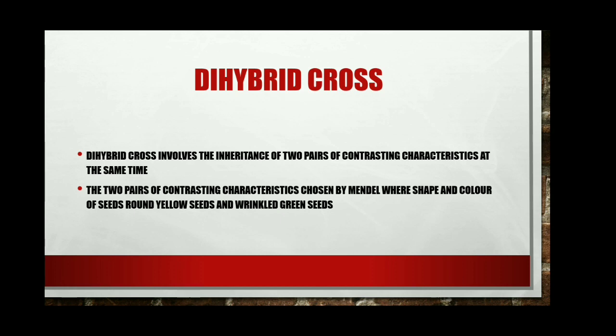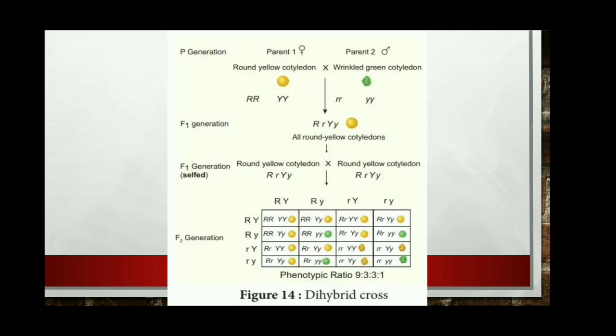So, in his experiment, he selected two parents. One parent is a round yellow seeded plant. Another parent is a wrinkled green seeded plant. The genotype of the round yellow is capital R, capital R, capital Y, capital Y. The reason is that it is dominant, and dominant is always denoted by a capital letter.